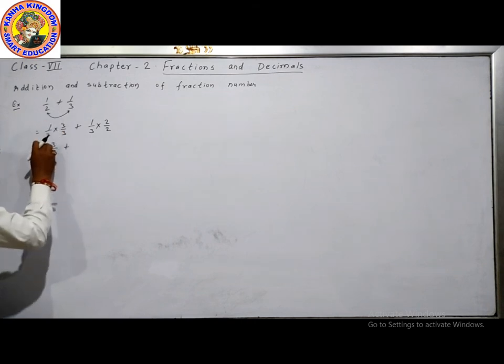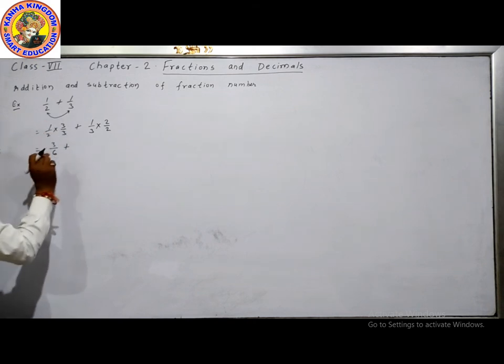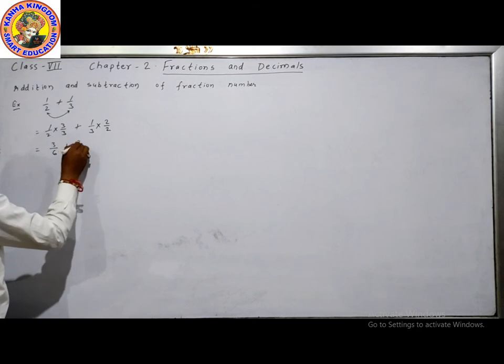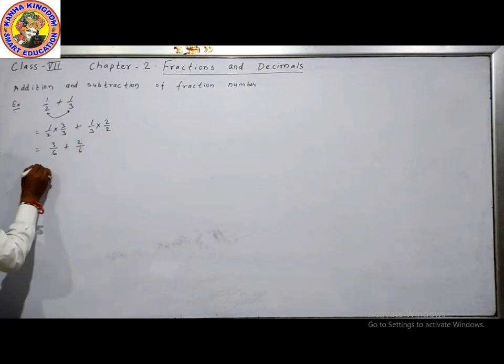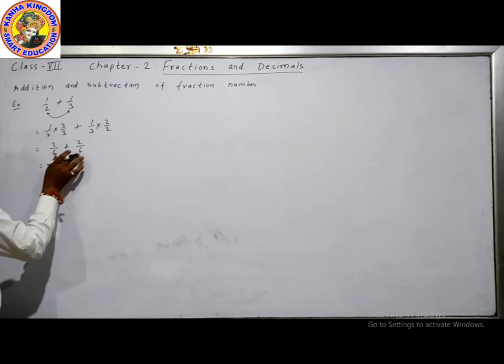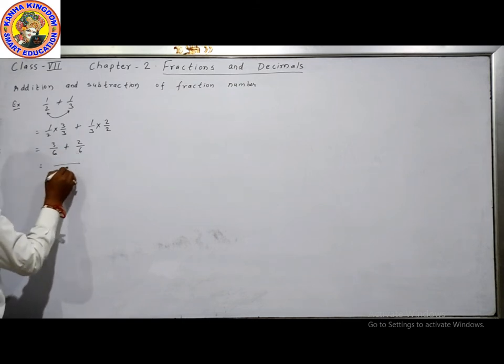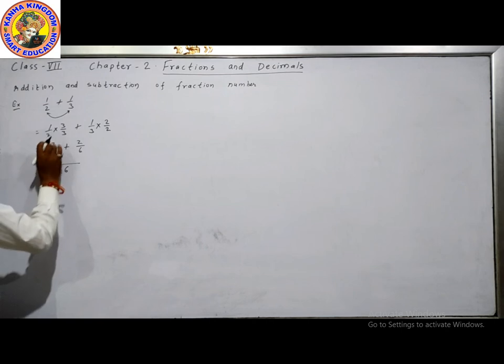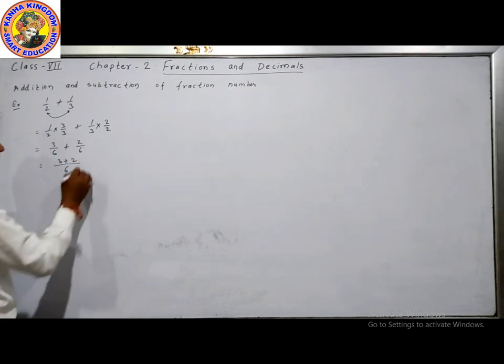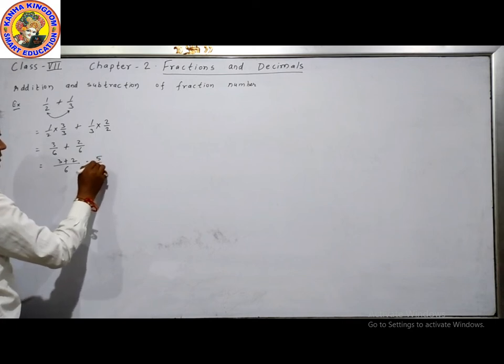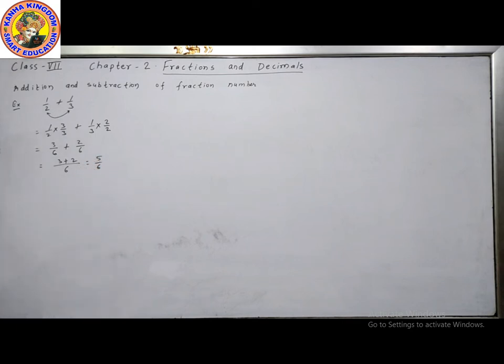These are equivalent numbers. Then both denominators are the same, we take 6, numerator part 3 plus 2, answer is 5 by 6.